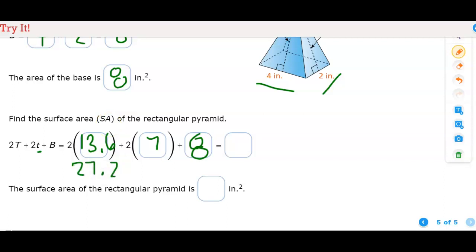And then 2 times 7 is 14, plus 8. Now we add that all up, and we get a total of 49 2/10. So the surface area of the rectangular pyramid is 49 2/10 inches squared.